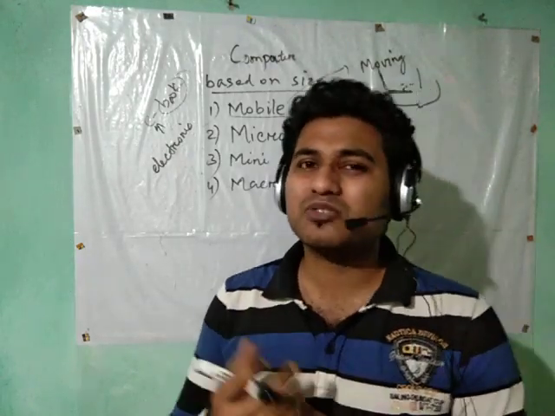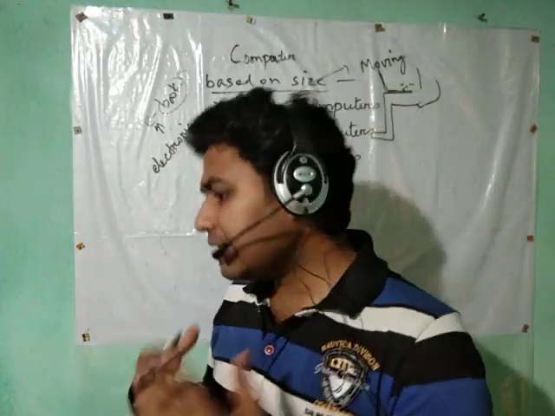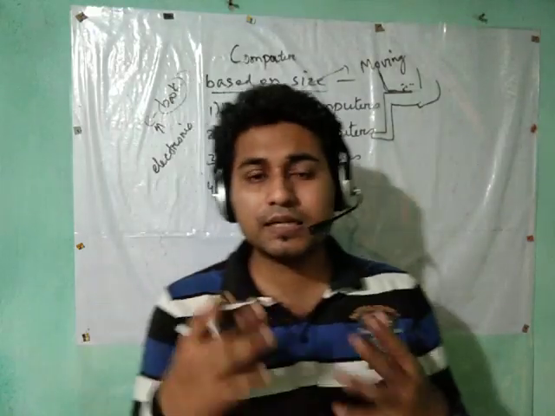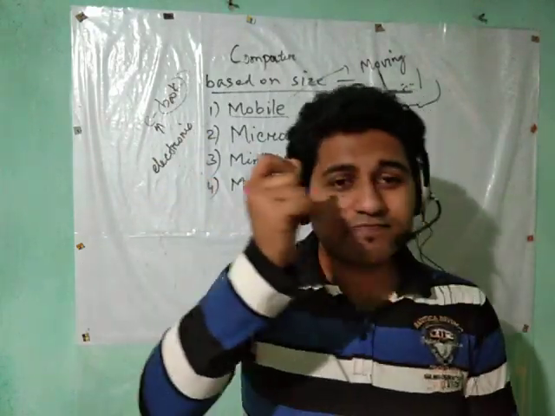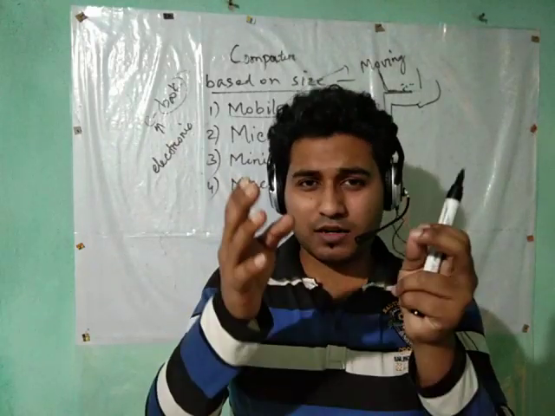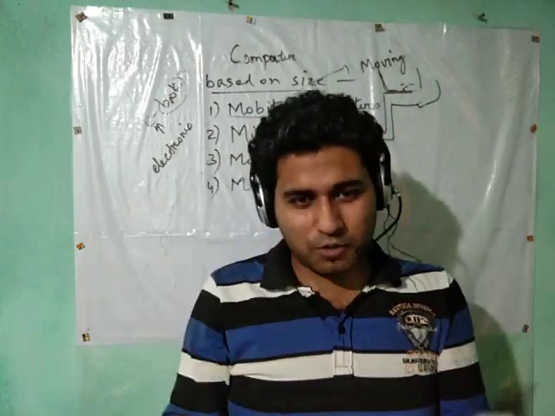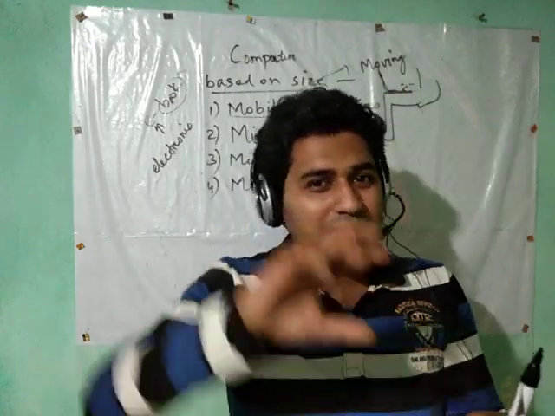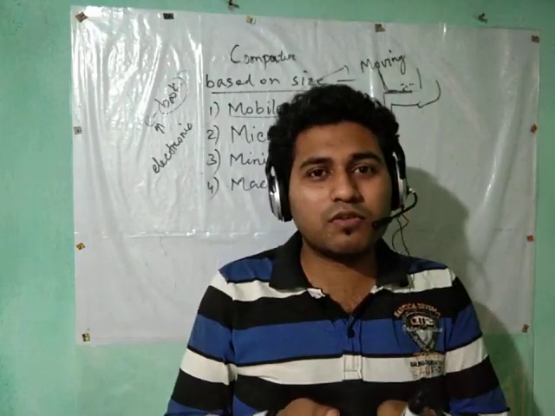Now what are microcomputers? Microcomputers are nothing but the computers that were available in our home, which have one UPS, one monitor, one CPU part, a mouse, and a keyboard over there.